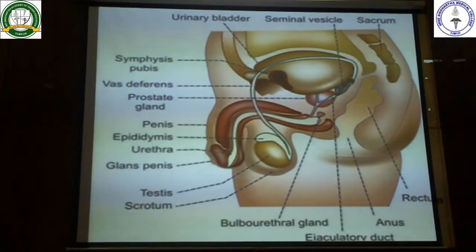Once those two ducts join together, it forms a common ejaculatory duct which is coming out of the seminal vesicle.